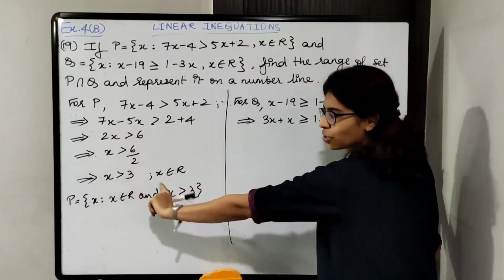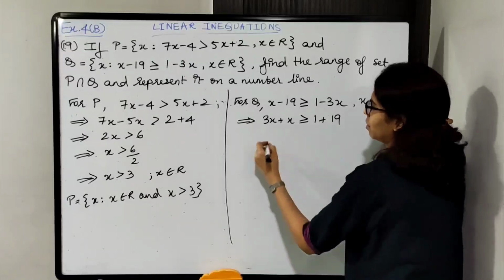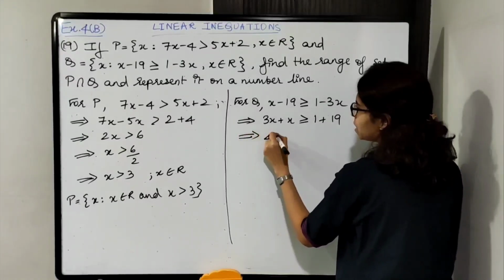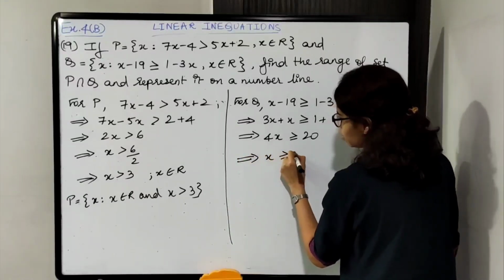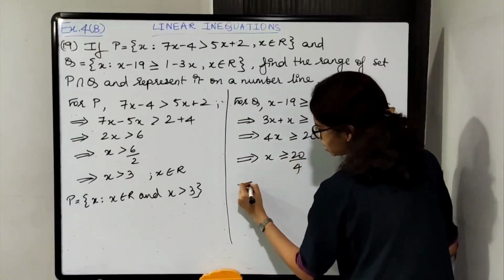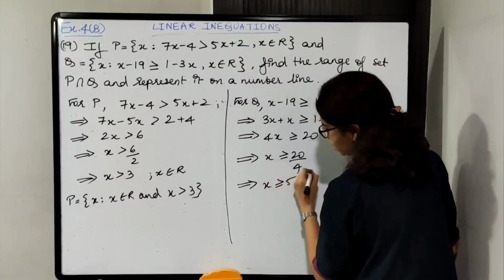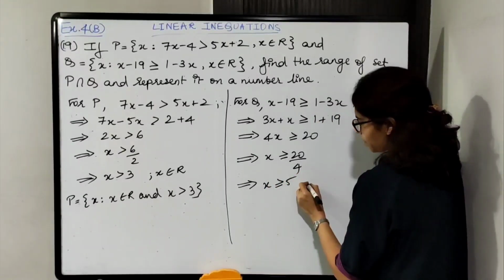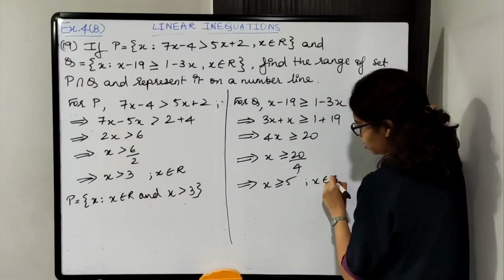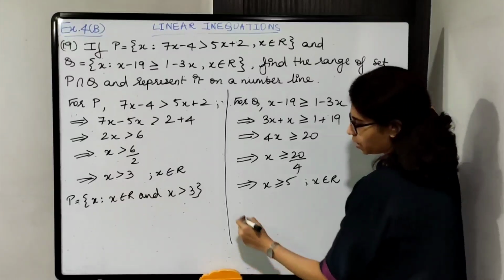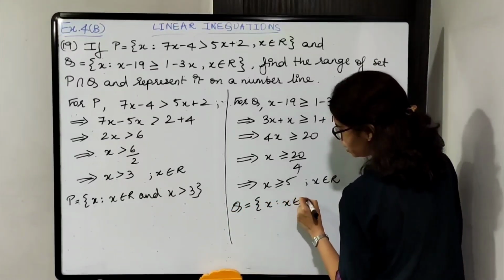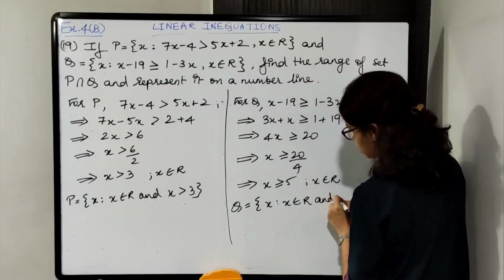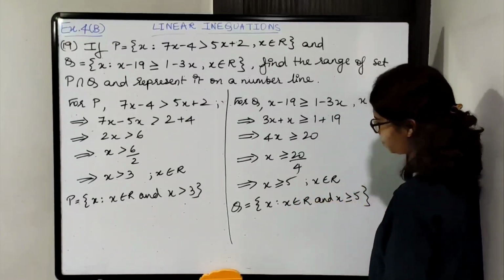Once you get the range, write down x belongs to R. So 4x is greater than or equal to 20, that is x is greater than or equal to 20 by 4, that is x is greater than or equal to 5, where x belongs to R. Okay, so Q will be the set of all x such that x belongs to R and x is greater than or equal to 5.